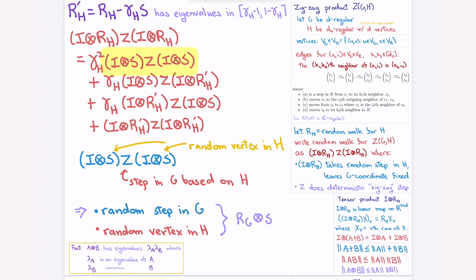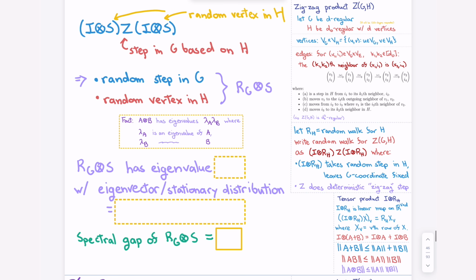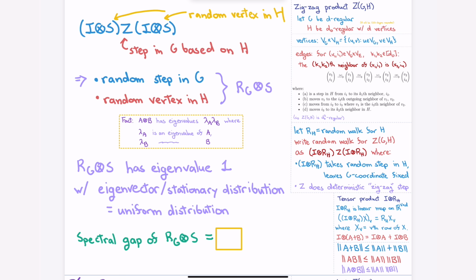So all the eigenvalues of this thing look like just the eigenvalues of G plus a bunch of zeros, because it's eigenvalue of G times 1, eigenvalue of G times 0, and that's 0. So that's the stationary distribution.